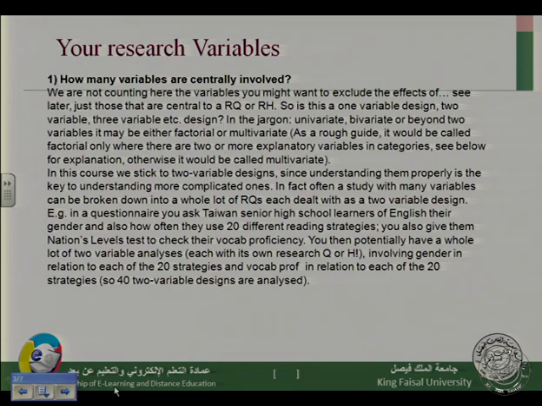So you see, you can break them down into more detailed hypotheses and questions. You would say, for example, younger female people would prefer to use the English language more than older female or older male people.